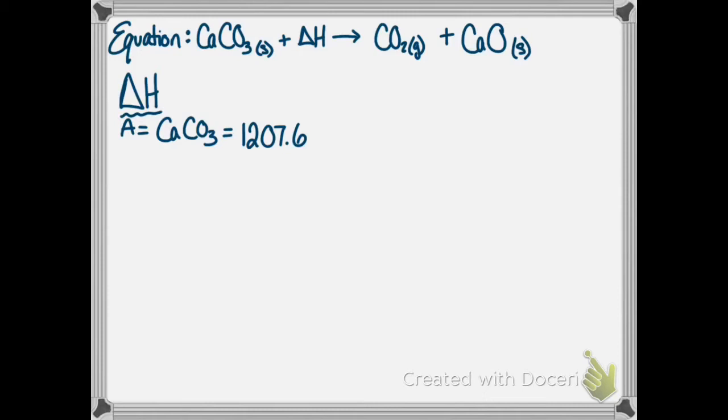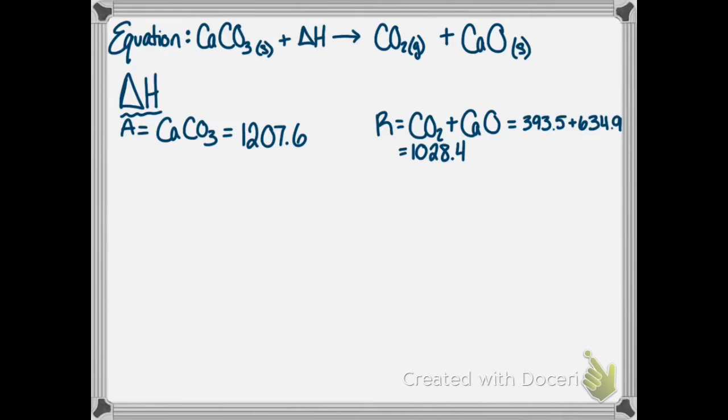On our product side, the releasing of energy side, we have CO2 and calcium oxide. When we find those values on the table above, it's 393.5 plus 634.9 kilojoules per mole. If we add these two values together, we get 1,028.4 kilojoules per mole.